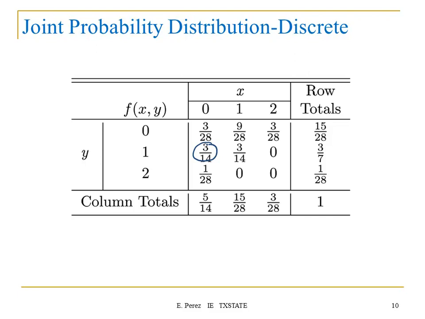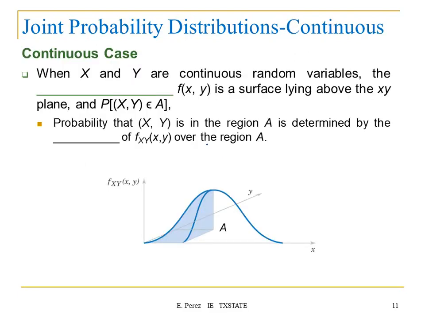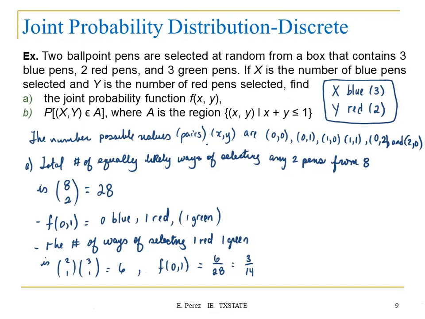Okay? Then we're going to talk about this later in this lecture. We're going to talk about this number, which represents something else. Okay? So, in general, we can try to generate a generic expression or formula to get the probability for each outcome combination, x and y.